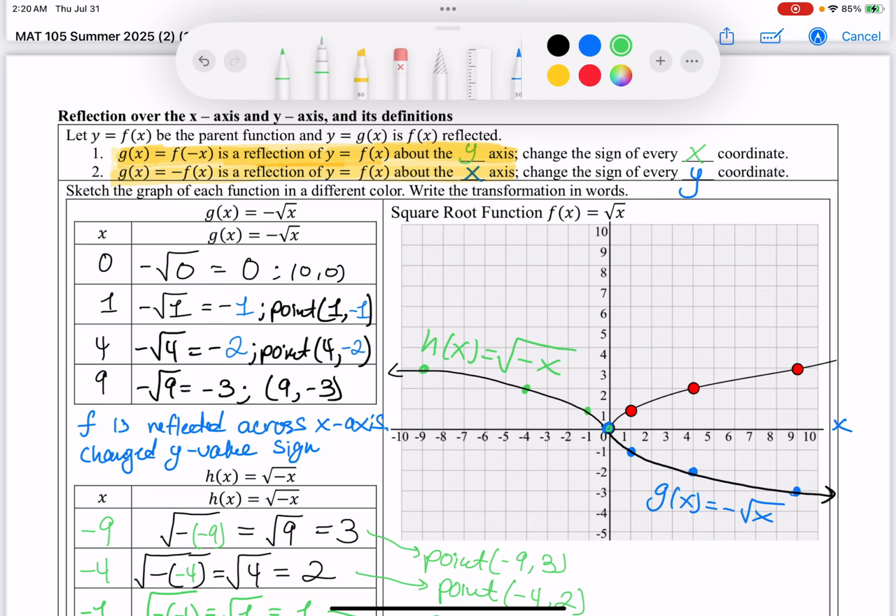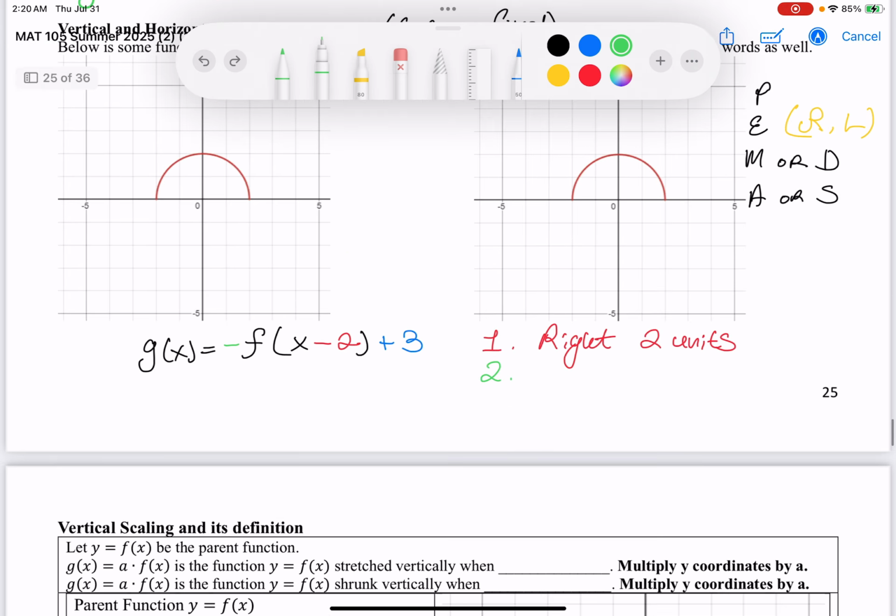In this case, because the negative is in front of the parentheses, that is a reflection over the x-axis, a reflection about the x-axis. So step 2 is reflect about x-axis.